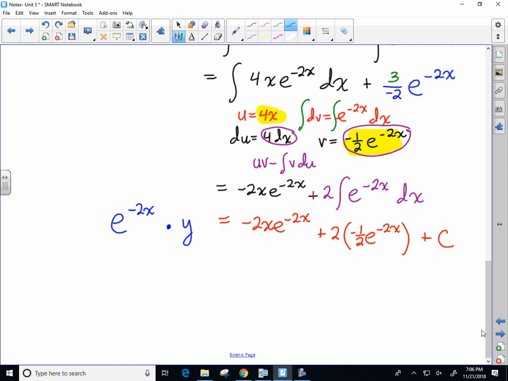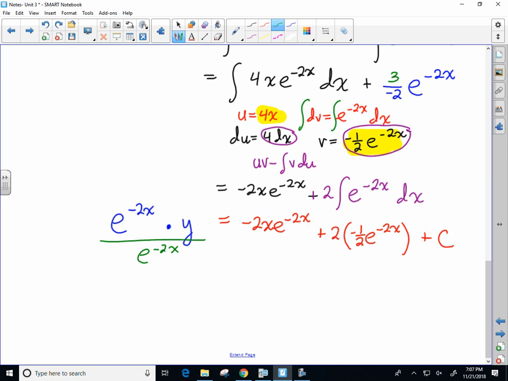So now we're in the end game. Once we establish the appropriate u and dv, the problem is pretty much going to solve itself. I need to get y alone, but each term has an e to the negative 2x in it, except for the c, but that's fine. I'm going to divide everything by e to the negative 2x, or multiply everything by e to the positive 2x, however you want to think about it.